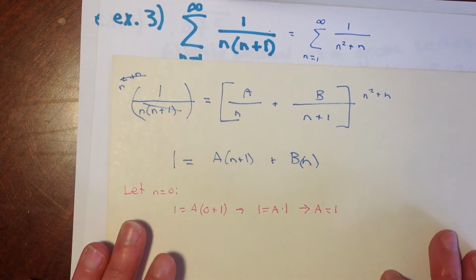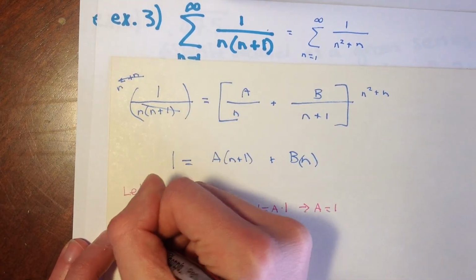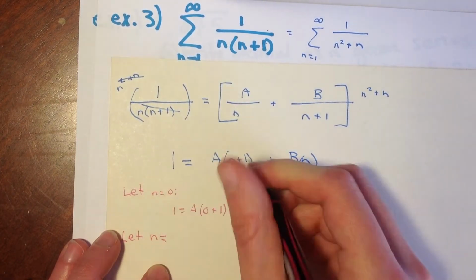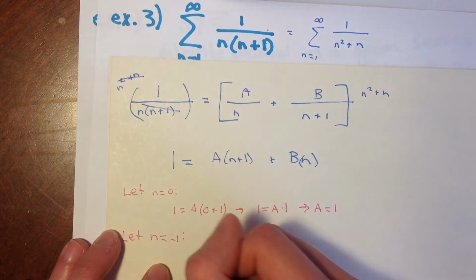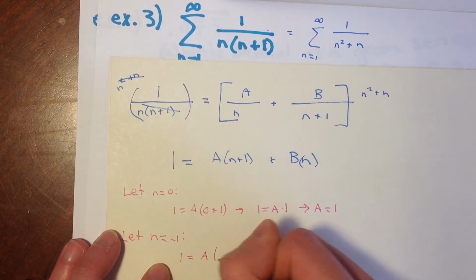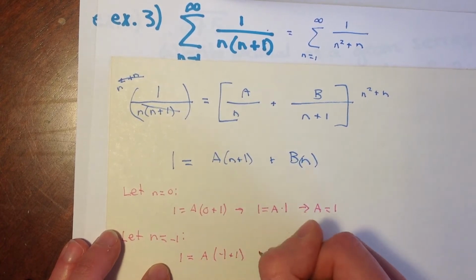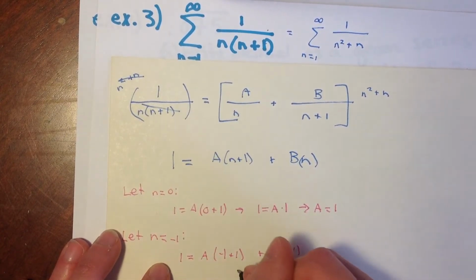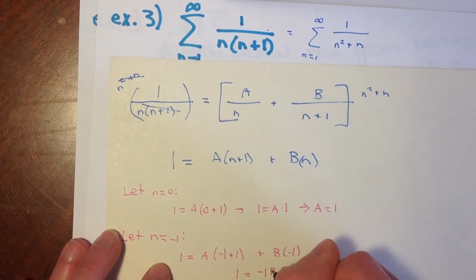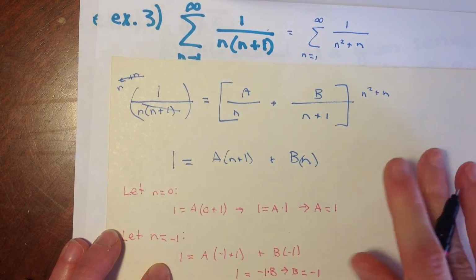Similarly, let n equal negative 1 to make this term be 0. 1 equals A times negative 1 plus 1 plus B times negative 1. As I said, this term is 0, and I have 1 equals negative 1 times B. Therefore, B equals negative 1.